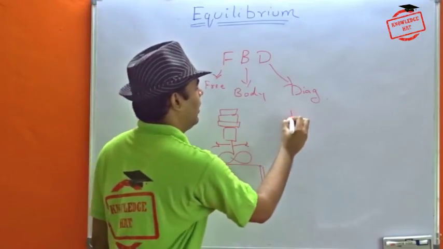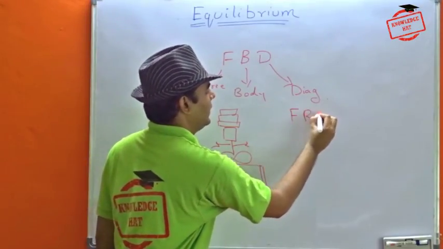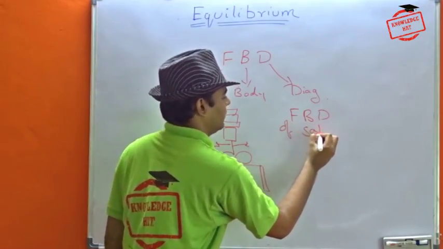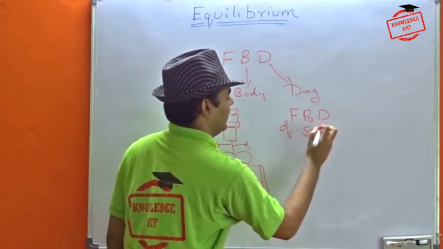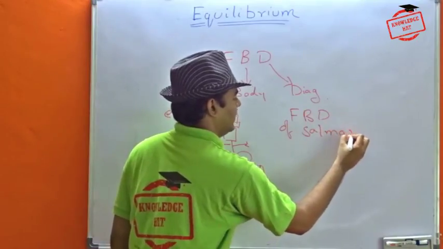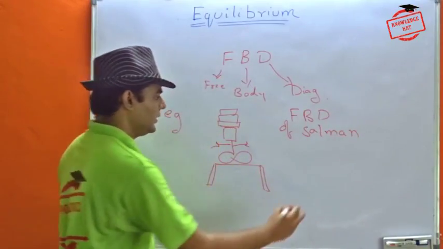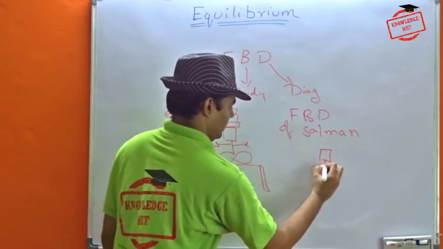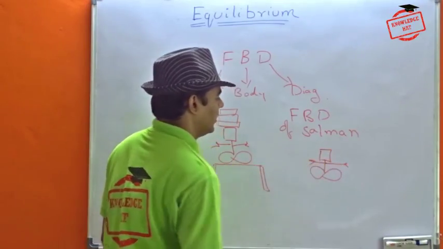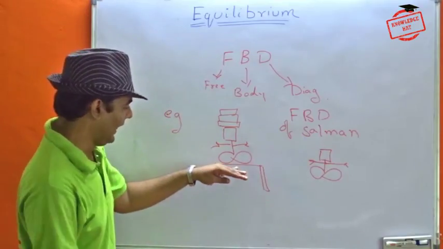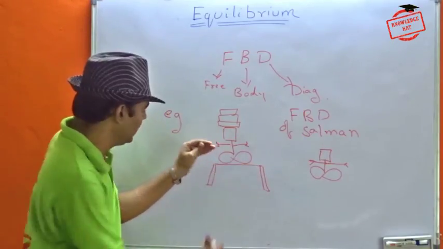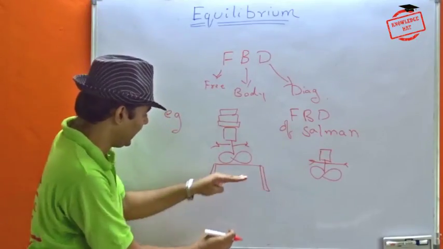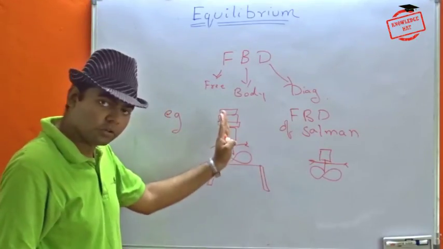If we draw the FBD of Salman Khan, we will just draw Salman here and at this end he's sitting on a table, so he's exerting a force on the table and the table will exert some reactional force on Salman.